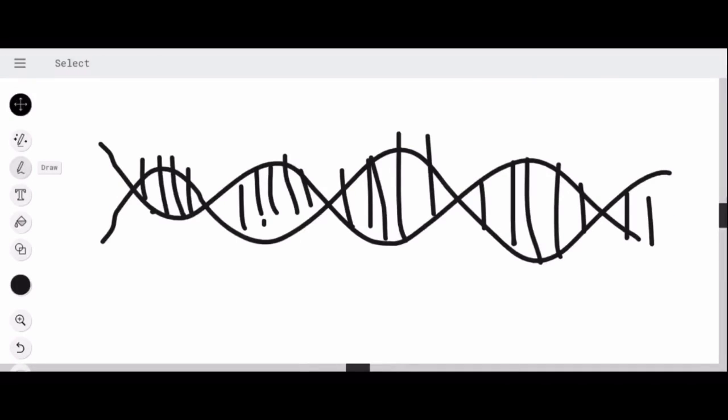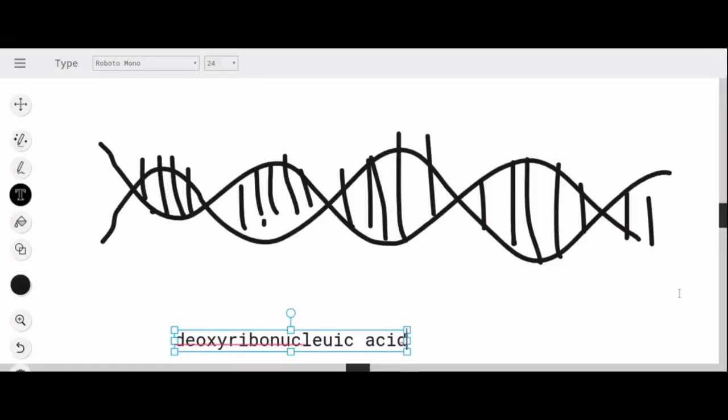Two strands twisted together, and it looks somewhat like a ladder. Basically, it's the code for who you are. It literally codes you. You're not a robot or anything, but think of it like that. It's called deoxyribonucleic acid. Let me spell that out for you. Deoxyribonucleic acid, also known as DNA.